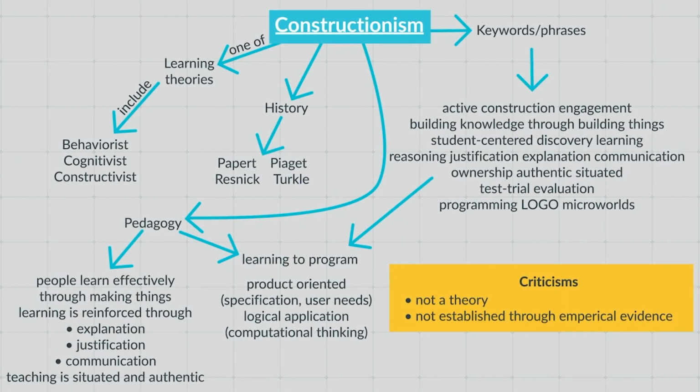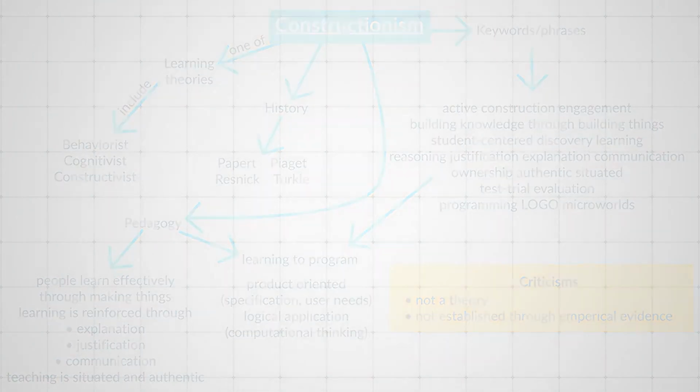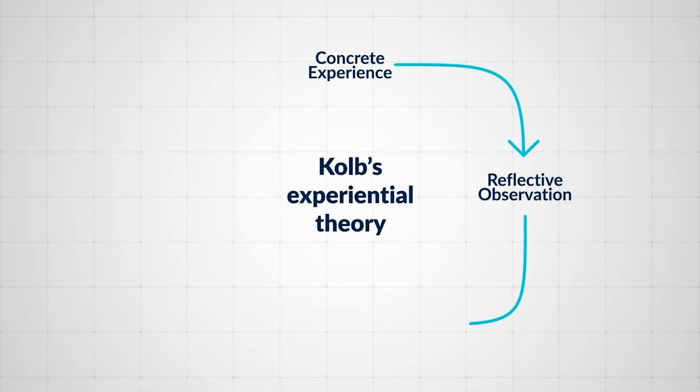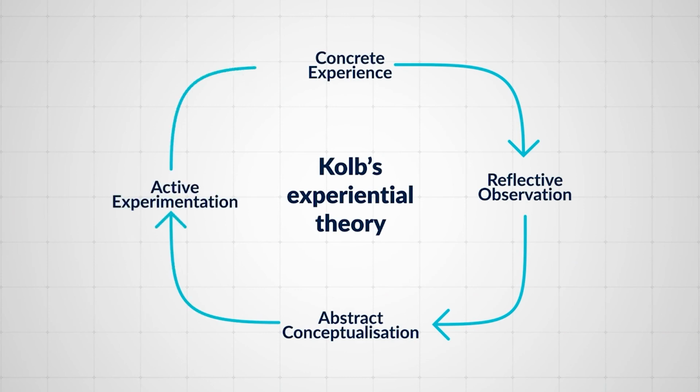Constructionism provides an explanation or rationale for the value of learning in a technological environment, the value of exploring and making. Many cognitive theories reflect a cyclic structure of learning, for example, Kolb's experiential theory.